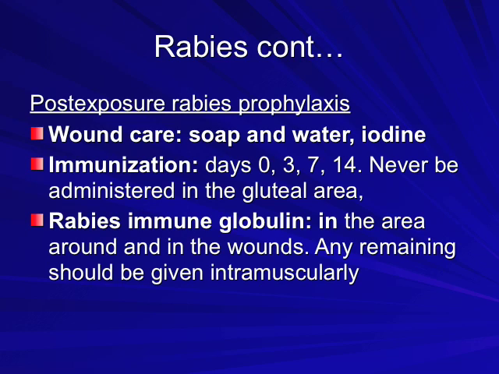And rabies immune globulin is given in the area around the wound, and the rest that is in the syringe should be given intramuscularly. It may not be necessary in patients who have been previously vaccinated, and those who have been previously immunized may need only 2 boosters of vaccine.